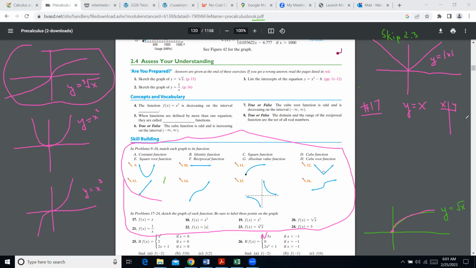If you remember how you used to graph various equations before, you had to put in some points for x and for y. So if I use, for example, 0 instead of x, then y is also going to be 0. If I use 1, y is also 1, because x is the same as y. If I use 2, y is also 2. If I use -1, again, they're the same for x and for y.